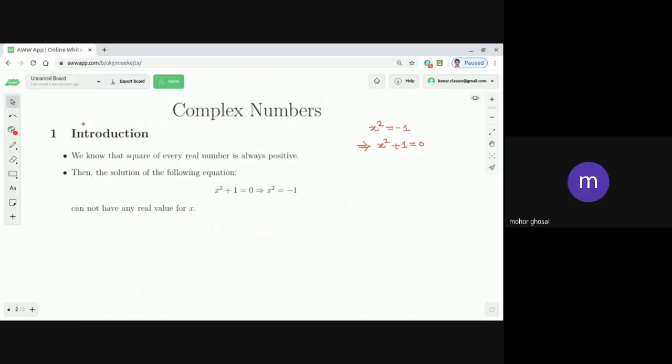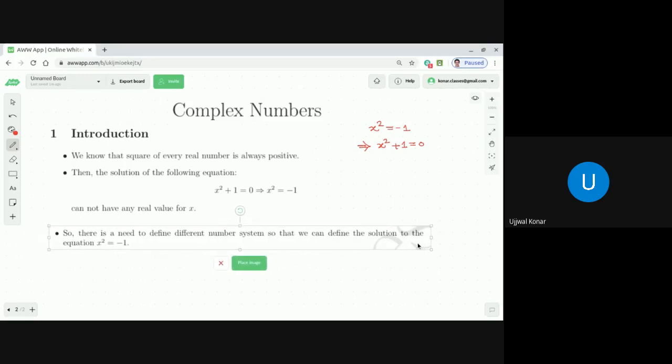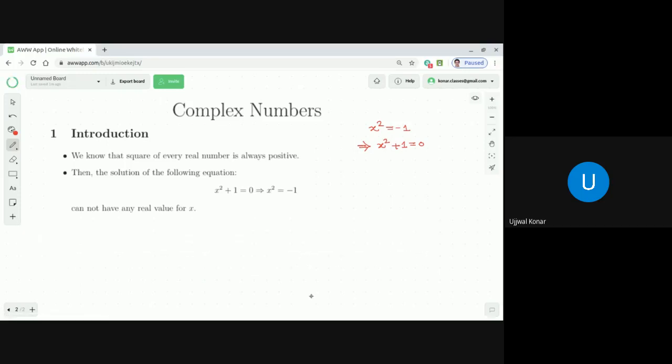Correct or not? So far in the number system, we have knowledge of the real number system, which, from a set theoretic notation, is the superset of all kinds of number systems we have learned so far. What are the number systems we have learned so far? Natural numbers, whole numbers, integers, rational numbers, irrational numbers, all are actually subsets of the set of real numbers. That means real numbers carry all these numbers.